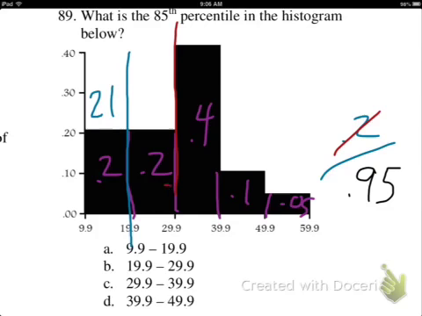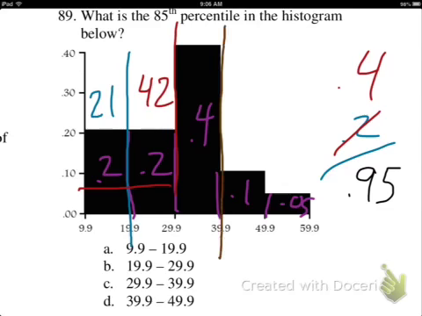Again, we're doing everything below 30, or 29.9. So that's 0.4. So we do 0.4 divided by 0.95. That gives us 42%. And then we do everything below 39.9, which is 0.4, 0.2, and 0.2. So add 0.4 to it. So 0.8 divided by 0.95 gives us 84%.